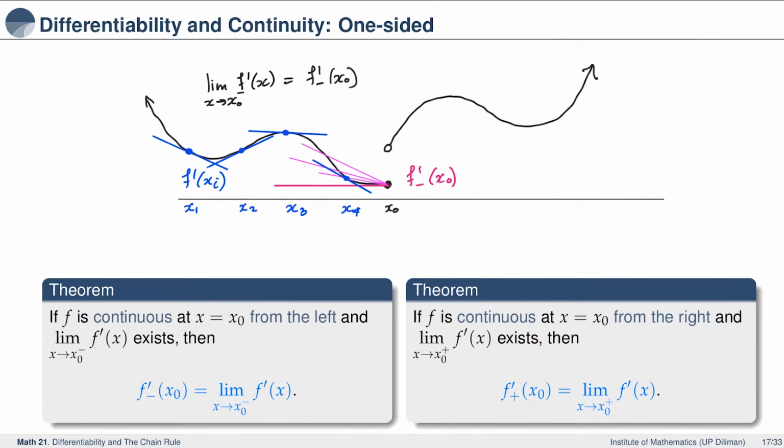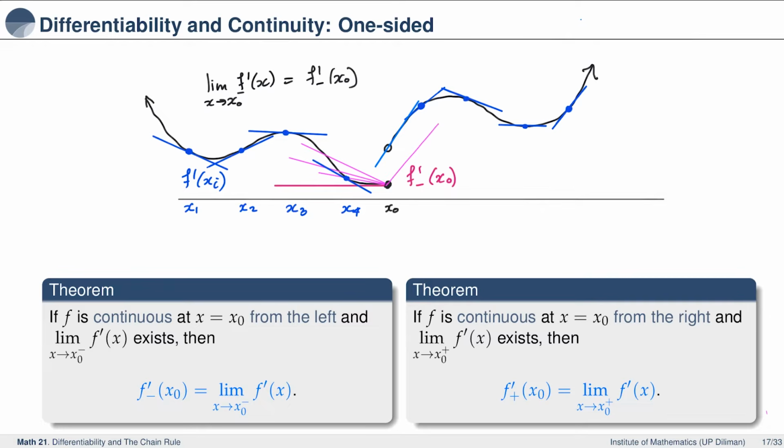So going back to our example here, the function is discontinuous at x equal to x naught from the right. Now, if you take any point on the right of x naught, we see that the derivatives exist at each of these points. In fact, the tangent lines at each of these points approach this lighter blue line right here.